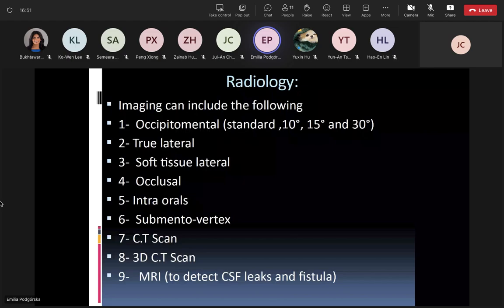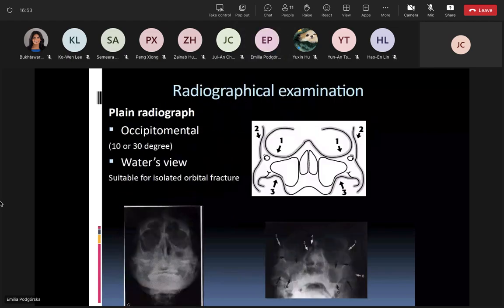Radiographical examination: plain radiograph, occipitomental, and Waters view. Waters view, 3 tables for isolated orbital fracture.